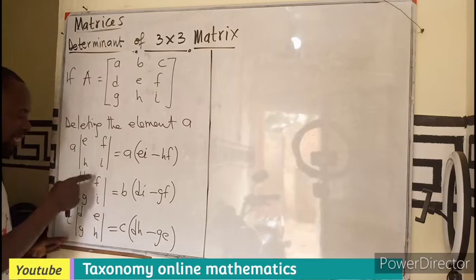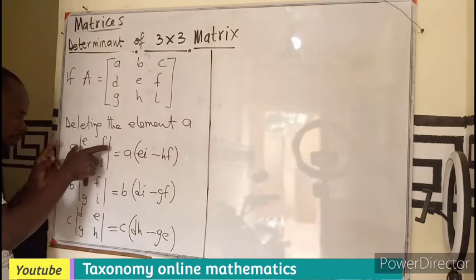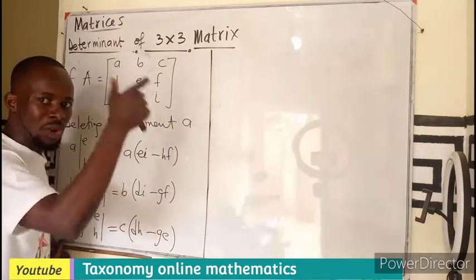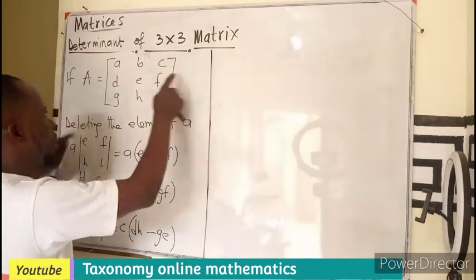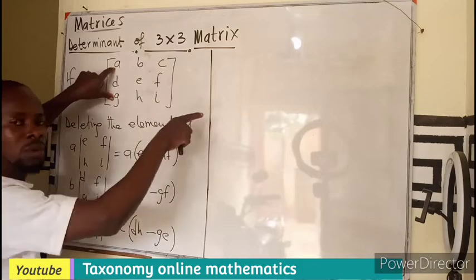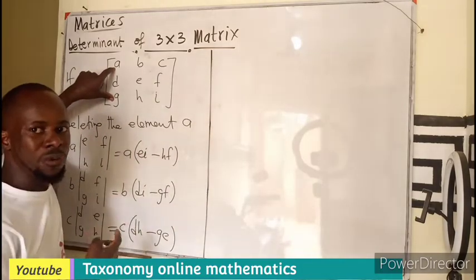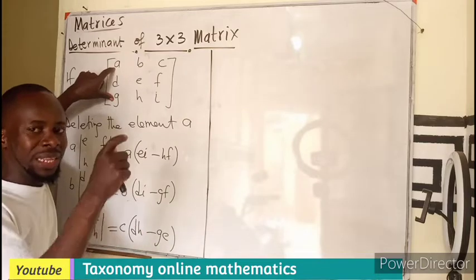Don't forget, we are taking this from this. So it is going to be 3 of them combined together to produce the determinant of the 3 by 3. If I also take the row, that will also give me 3 of these combined together to form another determinant of the 3 by 3.